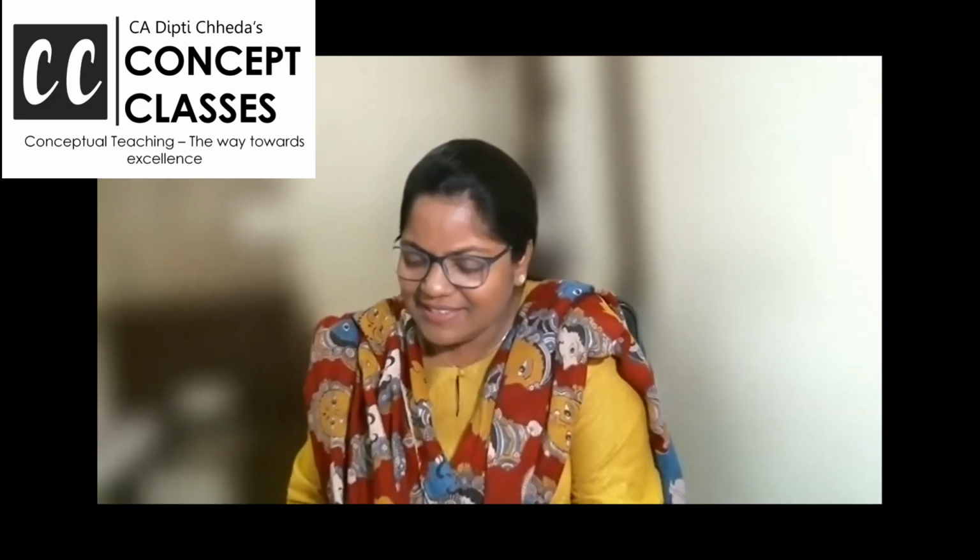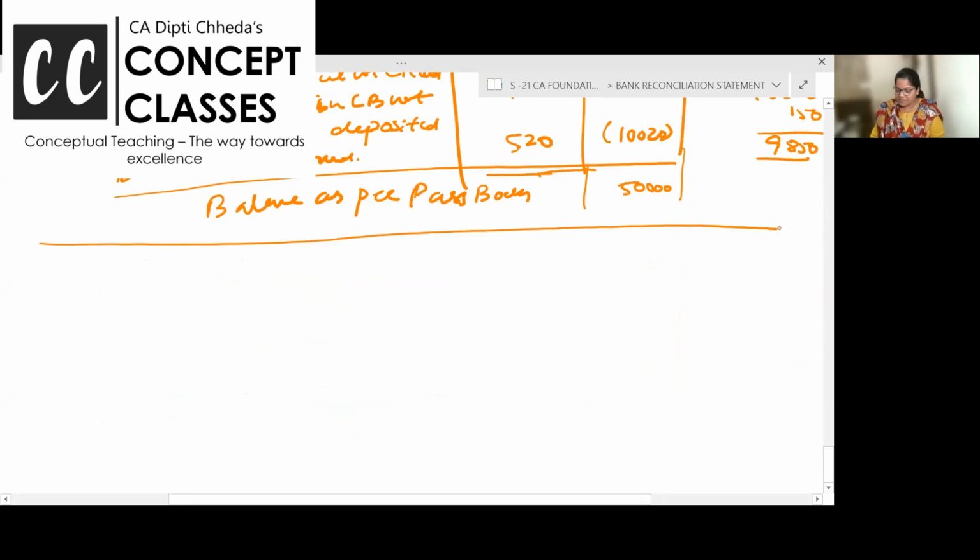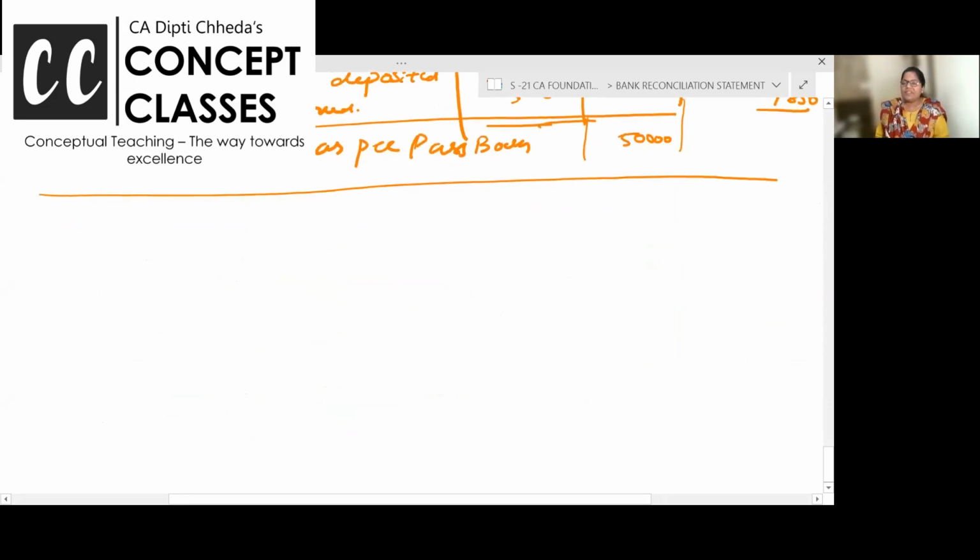Okay? So let us start with the 7th question now. See, if there are errors in our books, we need to rectify. Same, you can rectify in the BRS or tomorrow I will teach you adjusted cash book. Then also you will understand. Reconciliation statement.